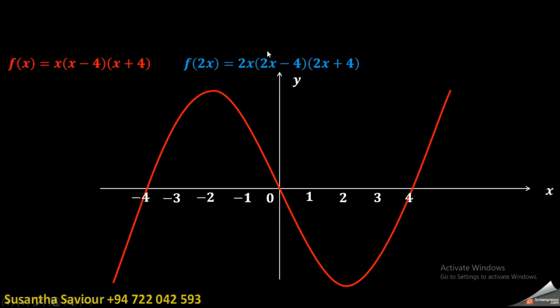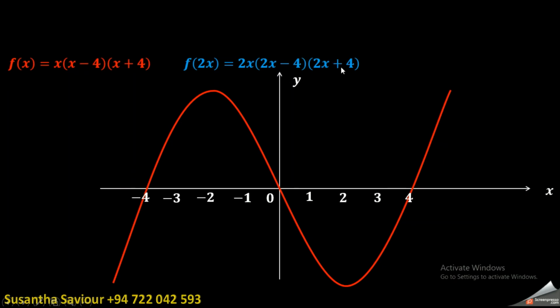If you try to look at this new graph, then all the x coordinates will be divided by 2. Look at this. When this becomes 0, 2x minus 4 is equal to 0, 2x equals 4, then x equals 2.